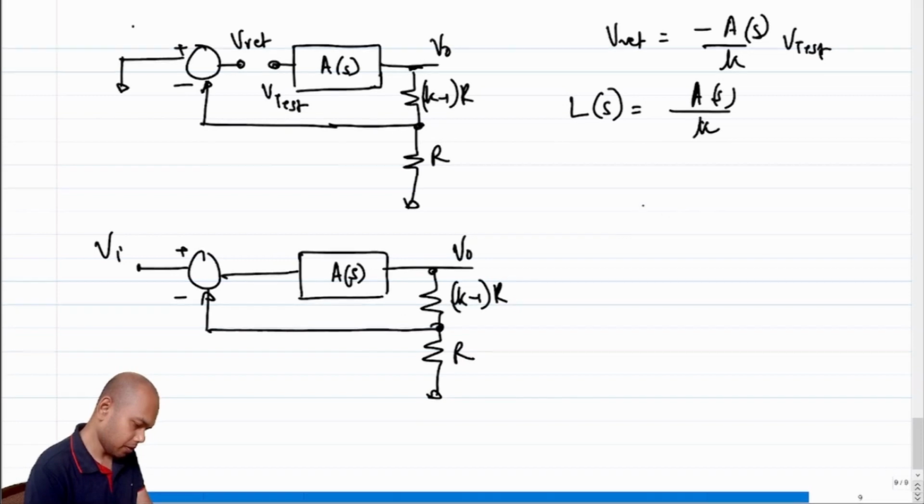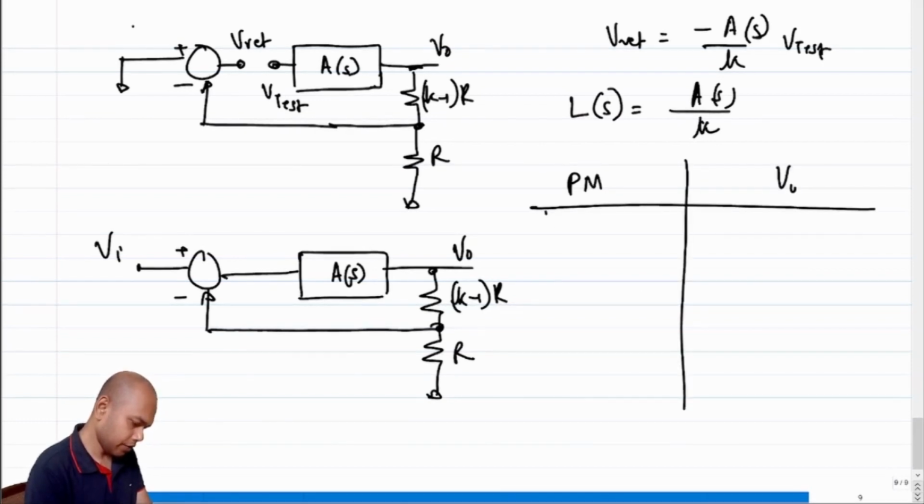This is the case of, let's say, a given phase margin, and this is, let's say, V naught.